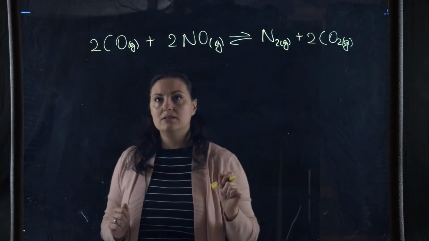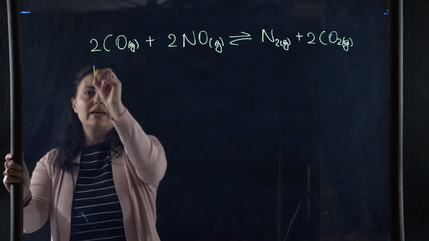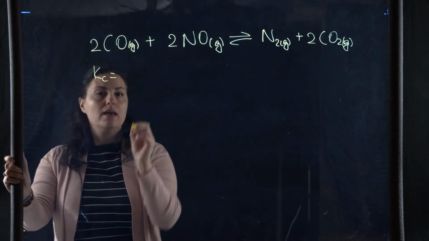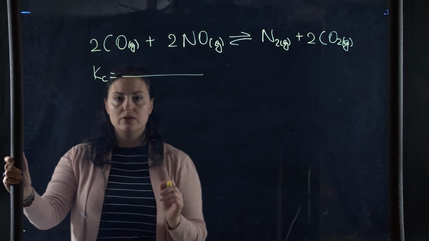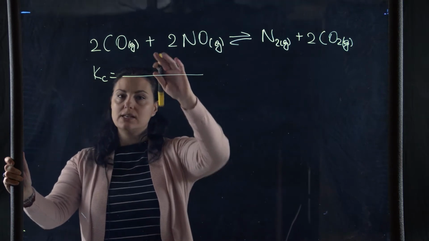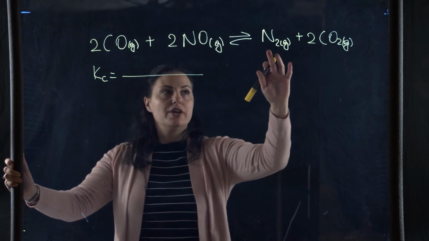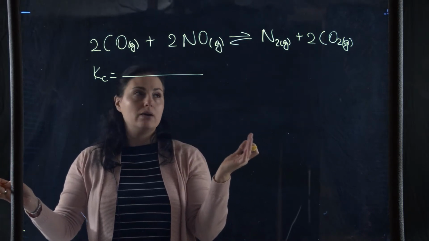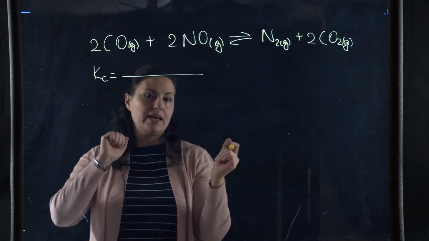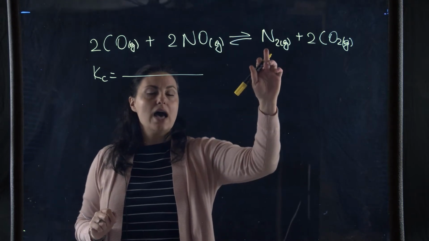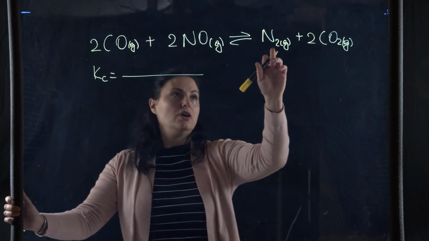your reaction is balanced. And now to write my Kc expression, I know that I will have a fraction, products on top, reactants at the bottom, P comes over R. Because it's asking me for Kc and not Kp, I would need molar concentrations.